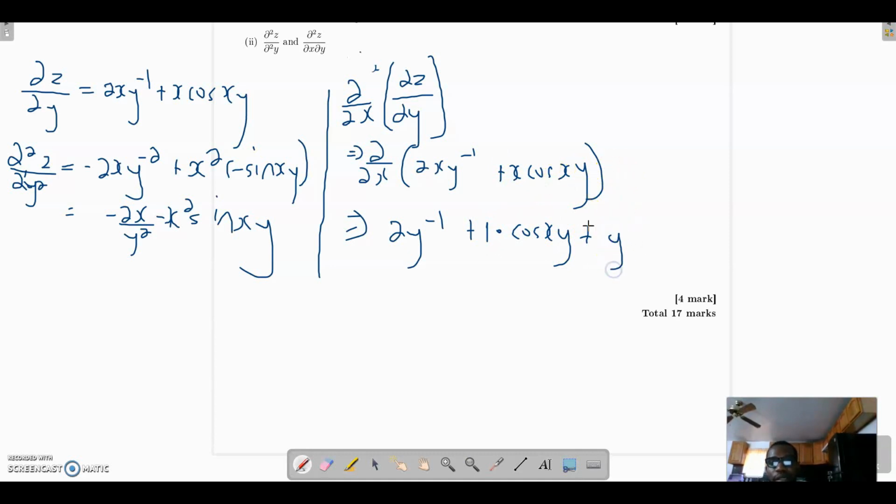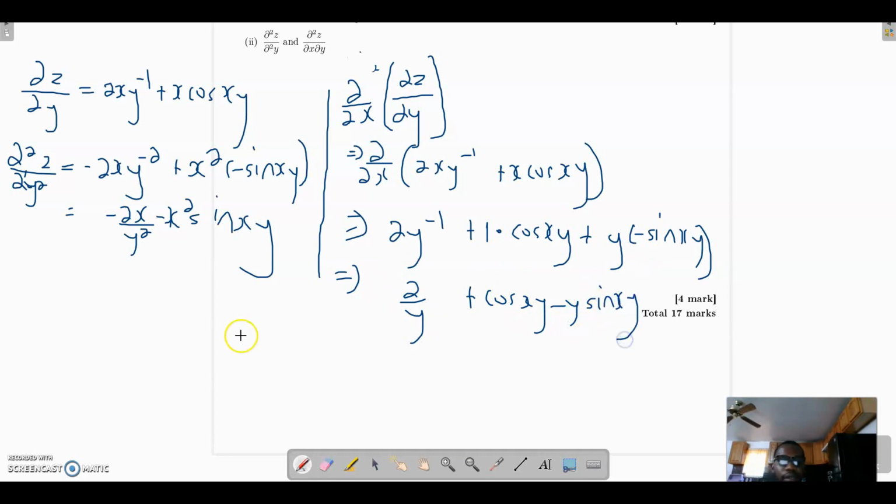The differential of cos is negative sine, so negative sine xy. Of course, all we have to do now is tidy up. So we have 2 over y plus cos xy, and this is going to give me negative y sine xy. There are no like terms, so this is what we end up getting.